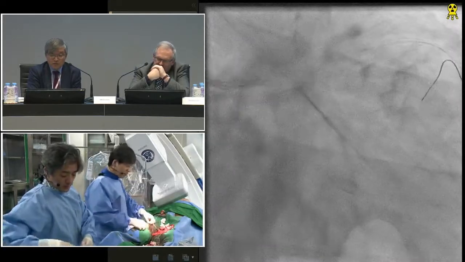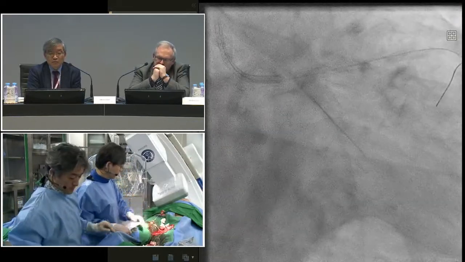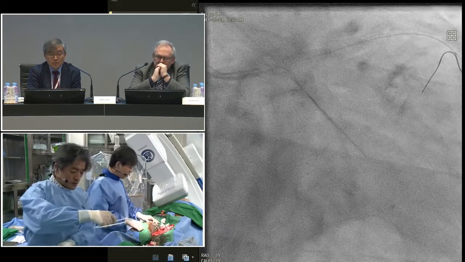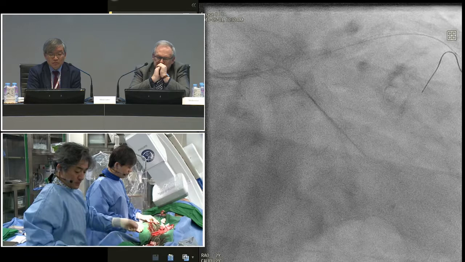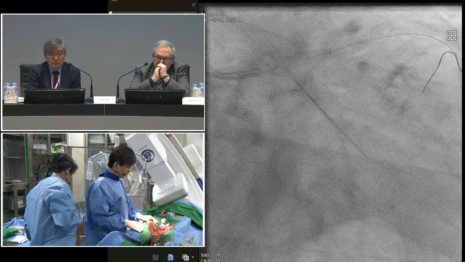Wire watch. Give me a first wire. Is this the angle? Before that, the text in it. Do you plan to perform a POT now?